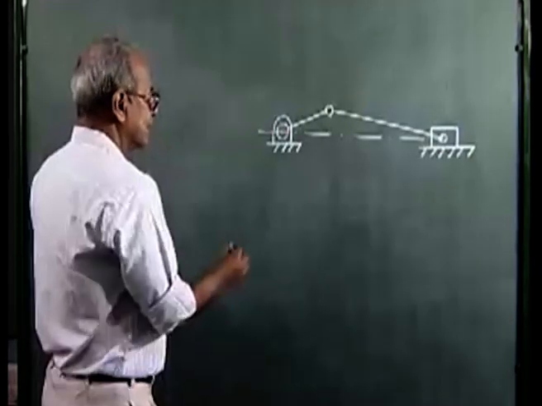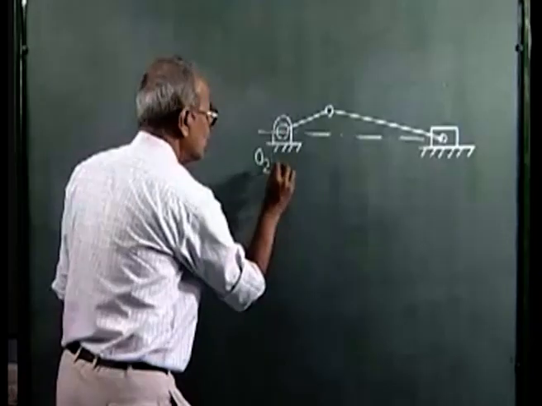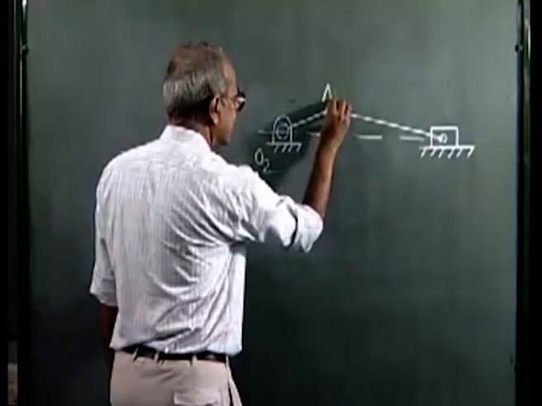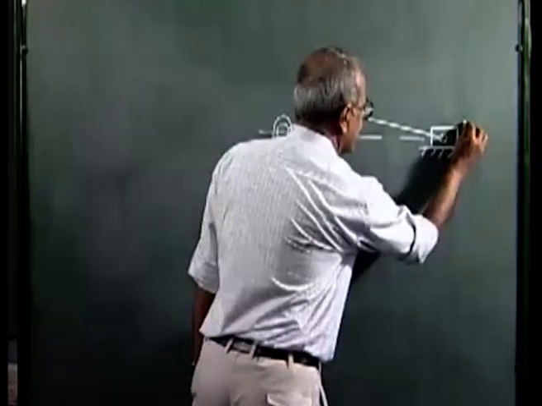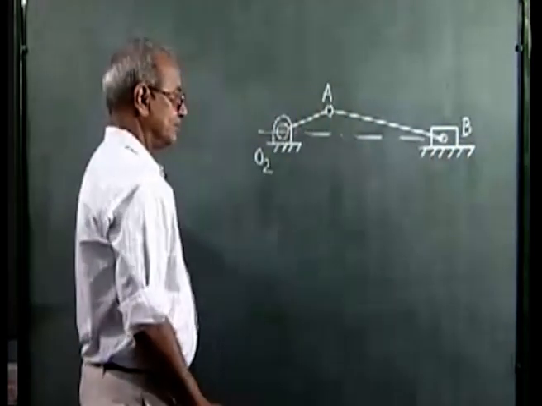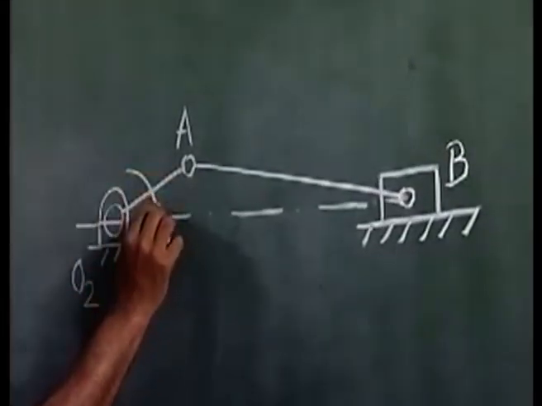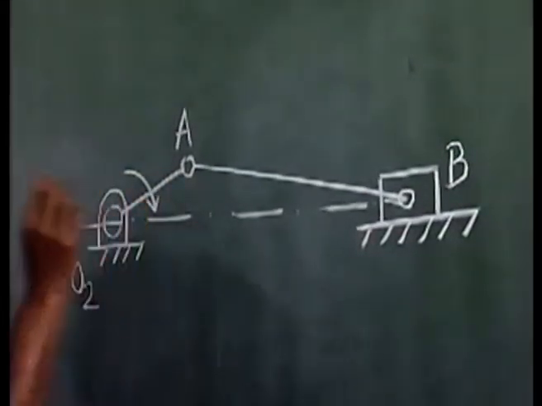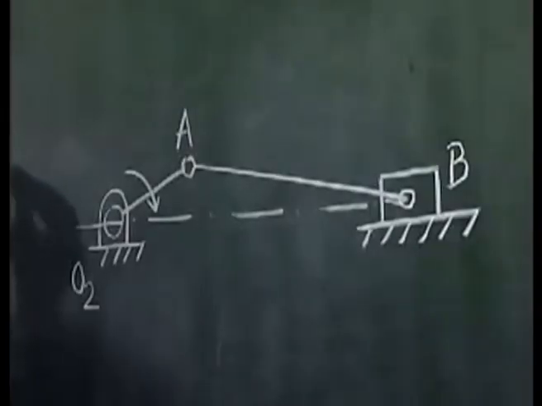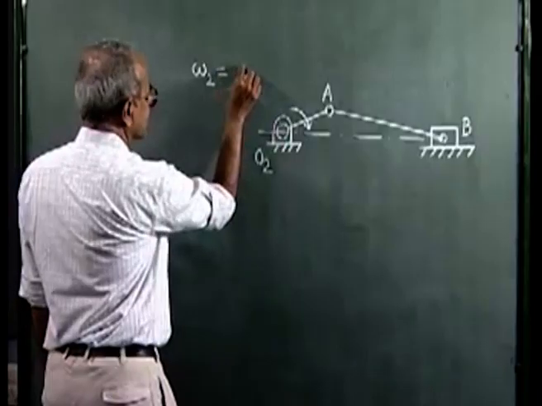We take the example of a slider crank mechanism with O2A as the crank, AB as the connecting rod which is connected to the slider. Suppose the crank angular velocity is given as omega 2.